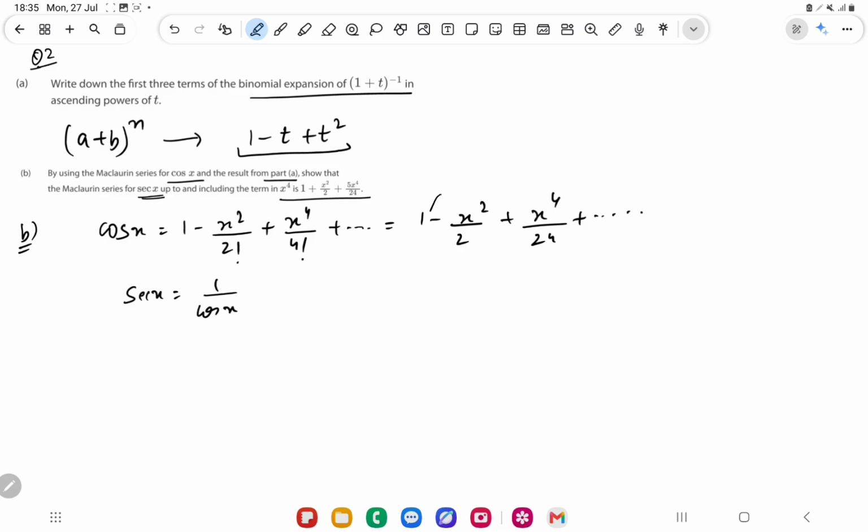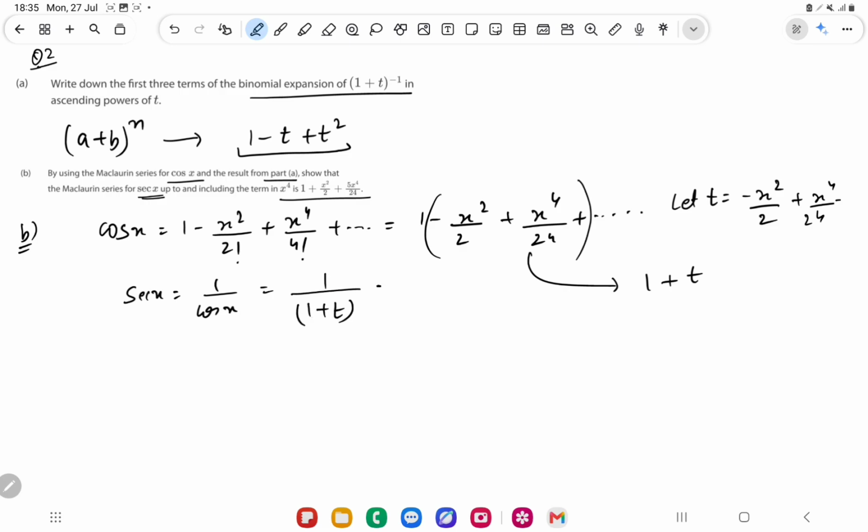So what I can do is put this inside a bracket and write, let t equal minus x squared over 2 plus x to the power 4 over 24, like this. That's it. So now I can write this thing as 1 plus t. So sec x is 1 upon cos x, so this also I can write like this, which becomes (1 plus t) to the power minus 1.